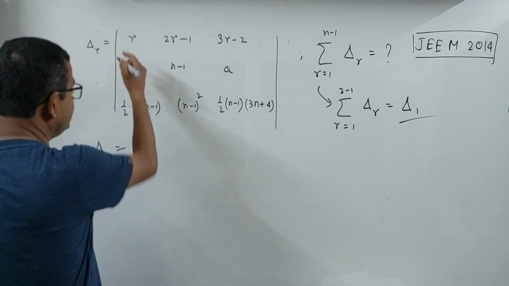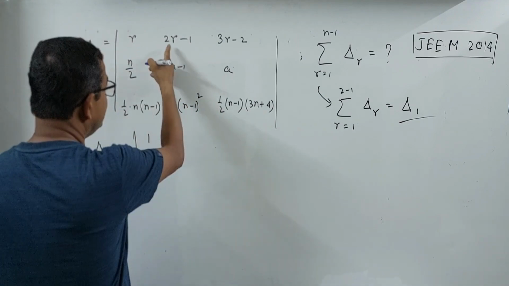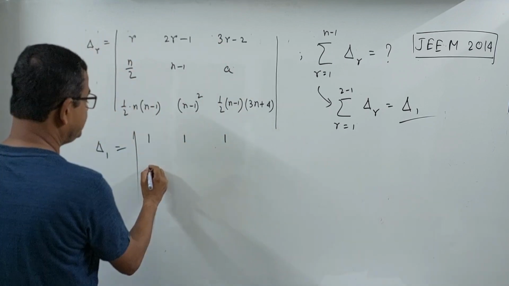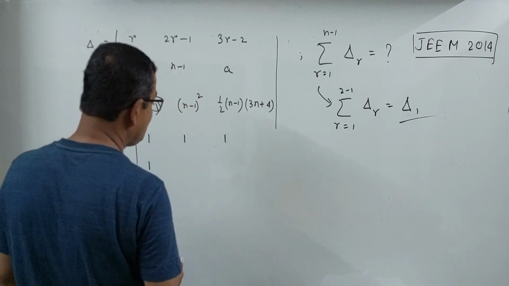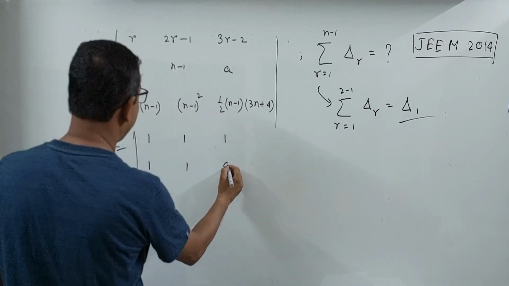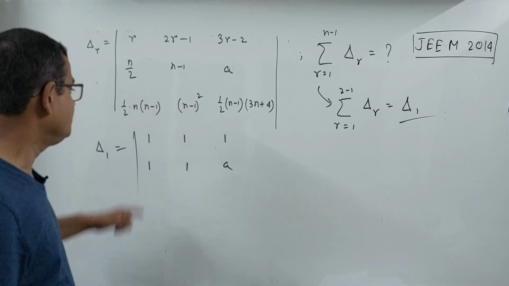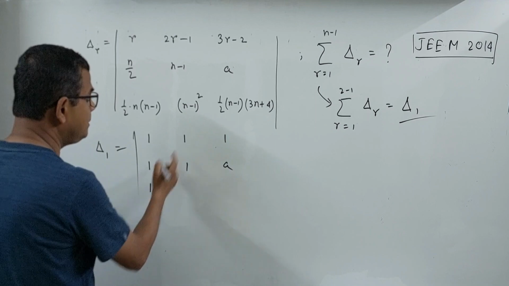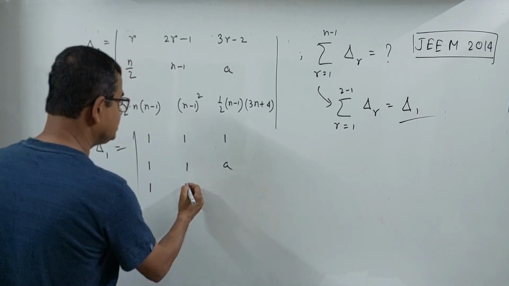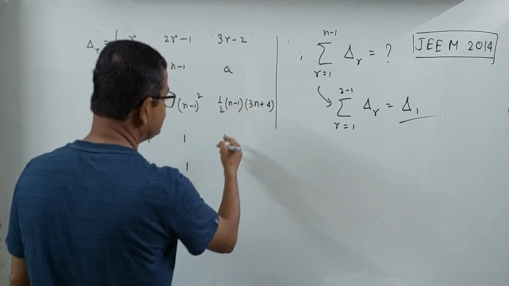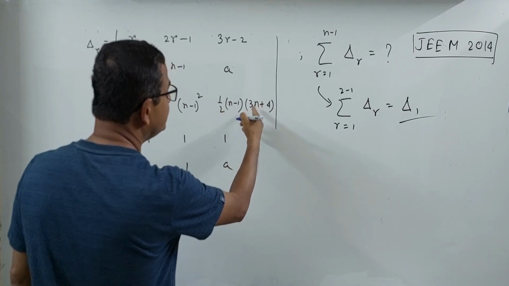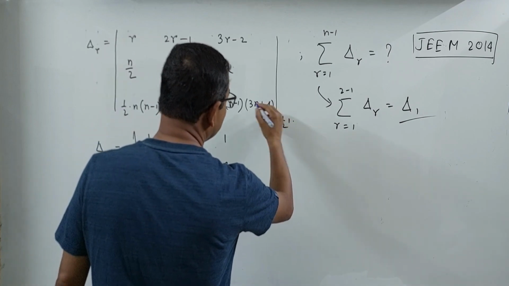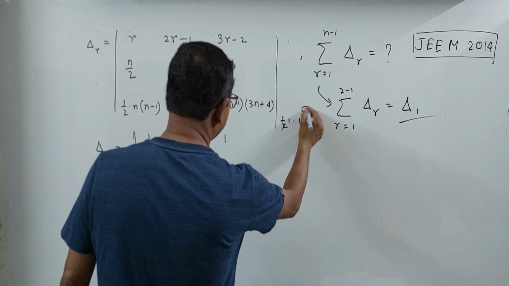The first row is 1, 3 minus 2 that is 1, and n by 2 that is 1, n minus 1 that is 2 minus 1, and a, half into n minus 1, that is half into 2, 2 cancel out, and 2 minus 1 that is 1, 2 minus 1 that is 1, 1 square that is 1, and half into n minus 1, that is half into 1 into 10, that is we get 5 here.